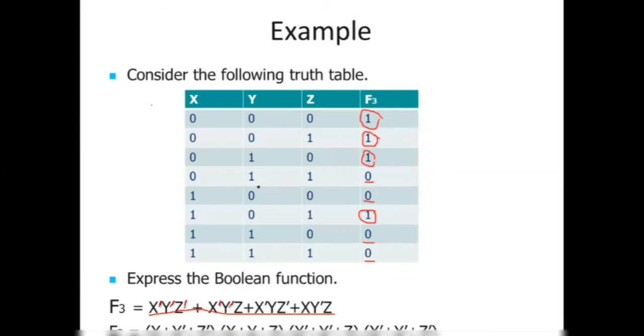And 1 is in the next variable, so you are getting y dash. Then 1 is in the z column and again z dash. So this is the corresponding max term for the 0 here. And corresponding max term for the 0 here, the first one is 1. Sorry, I think this is not written in order. So this is corresponding to the last one, 1, 1, 1.